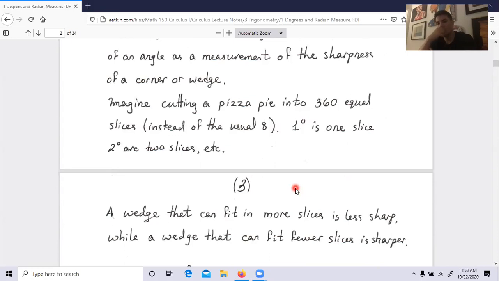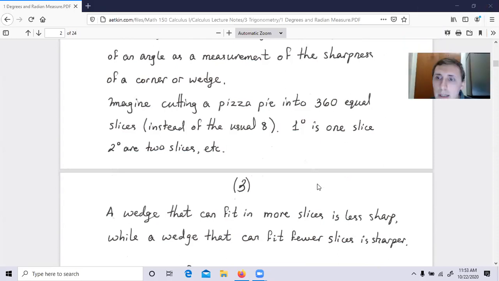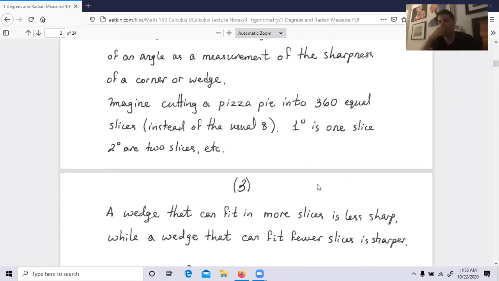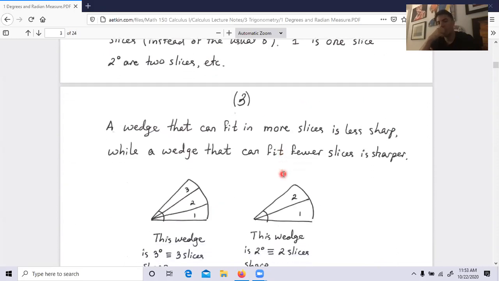So how sharp an edge is, you can imagine extending this edge, just look at this tip of the edge, extend it, and make it look like a circular sector, like a slice of pie. And then see how many of the 360 slices will fit along it. Okay, so that's the idea.